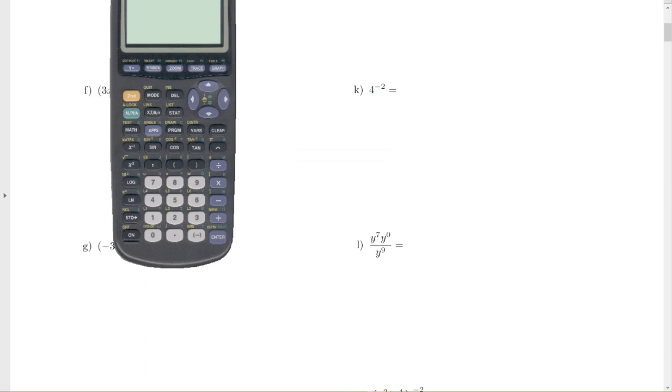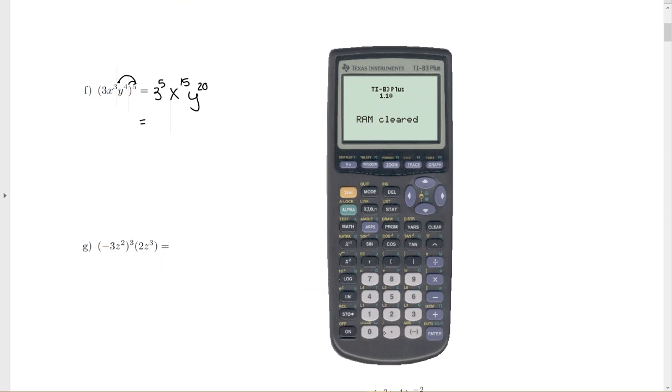Letter F, again, raise everybody to the 5th power, so 3 to the 5th, x to the 3rd to the 5th, multiply, y to the 4 to the 5th. All right, and then 3 to the 5th, you can either do it in your head, or if you want to use your calculator, you've got the button on there to go ahead and raise it to a power.